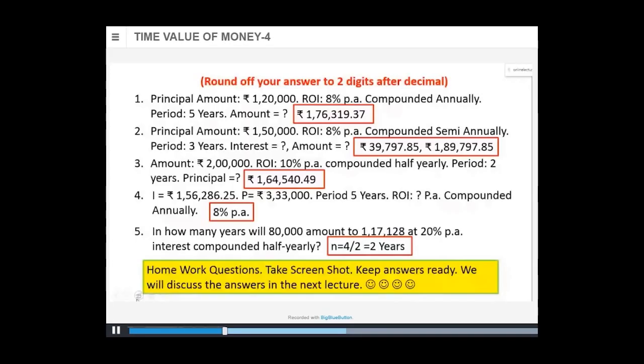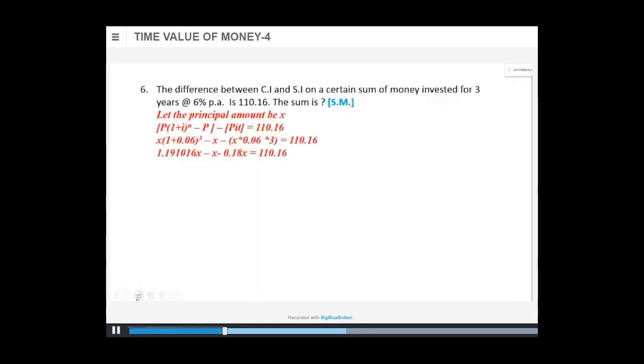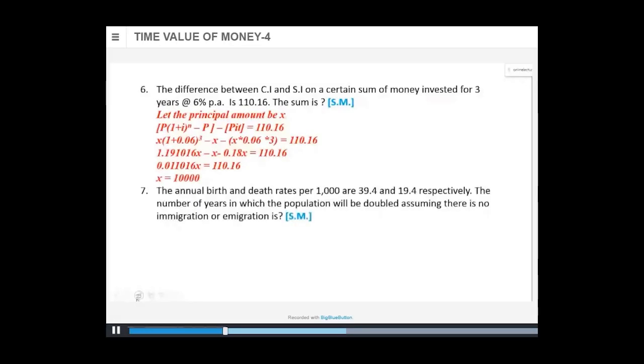Let's start. Yesterday we did this sum. Last sum, remember? Then there is one more last sum left. Question number 7, taken from study material. Even the 6th sum is from study material. 7th sum is also from study material. What it says, just read it out.